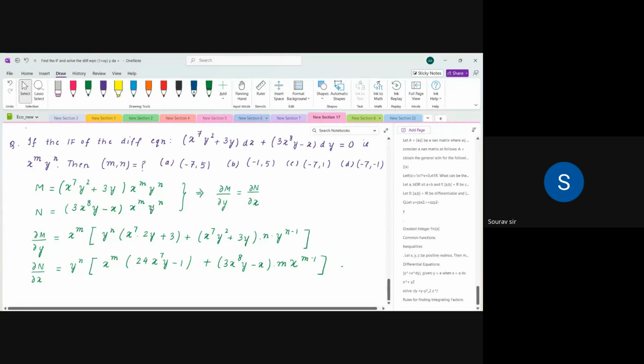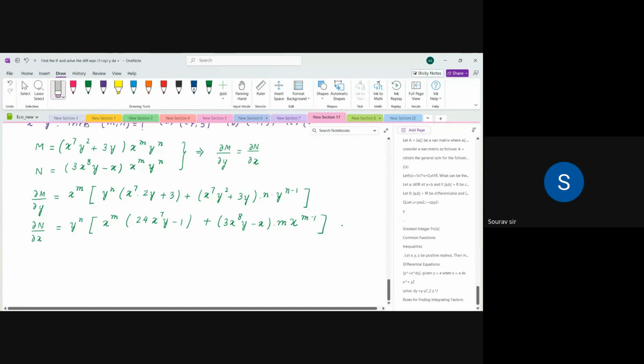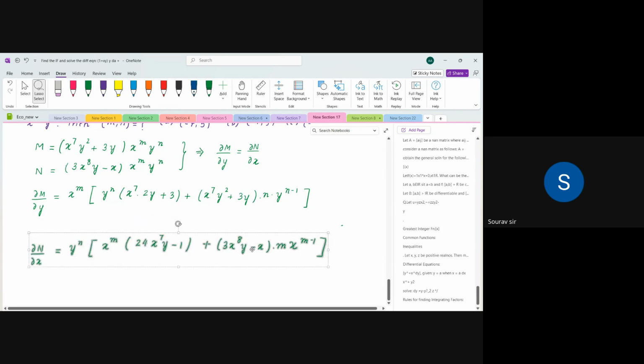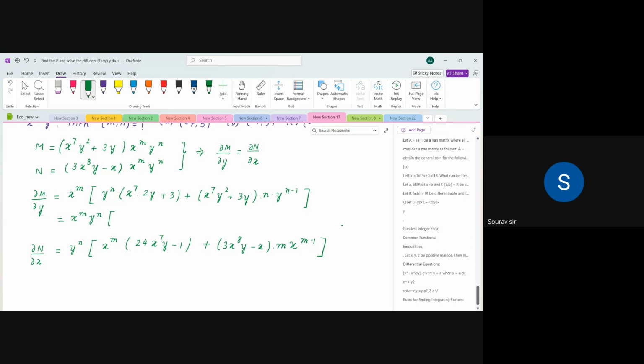So I'll just go one step more over here. So this can be written as x to the power m into y to the power n taken common, 2x to the power 7y plus 3 plus x7y square plus 3y into n by y, right?